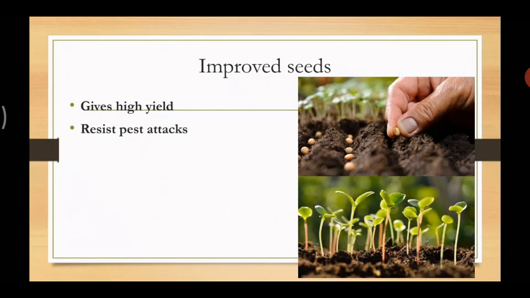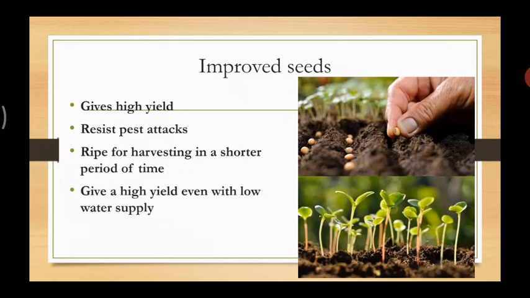Some varieties become ripe for harvesting in a shorter period of time. There are different varieties of seeds, right? So some varieties get ripe faster, while some give a high yield even with low water supply. That means some varieties will grow even if you give them less water.